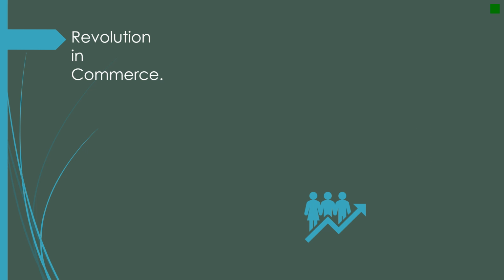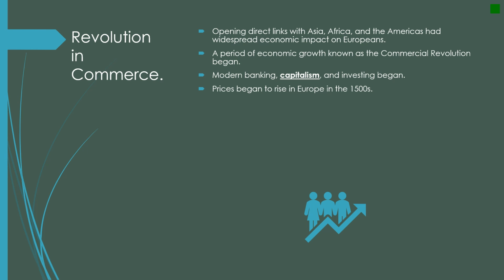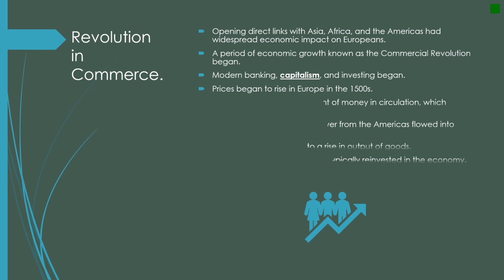So, a revolution in commerce. Opening direct links with Asia, Africa, and the Americas had widespread economic impact on Europeans, and it begins a period of economic growth known as the Commercial Revolution. We begin to see modern banking, capitalism, and investing begin, but we also begin to see the rise of prices in Europe in the 1500s.